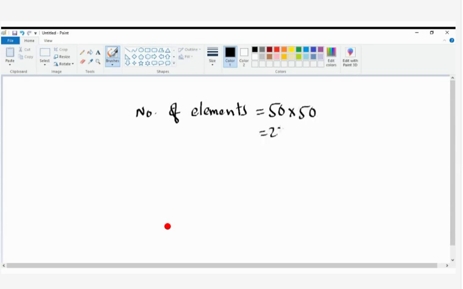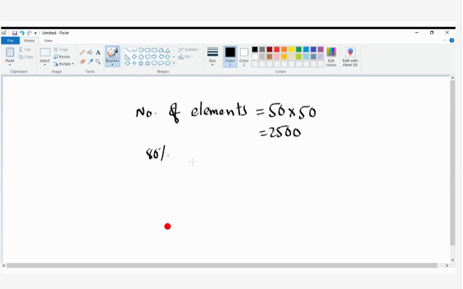This is 2500. Actually, there was a typo when I typed the question. It's actually 80% sparse, right? Let's solve it with 50%. When we solve it with 80%, we'll get the option.